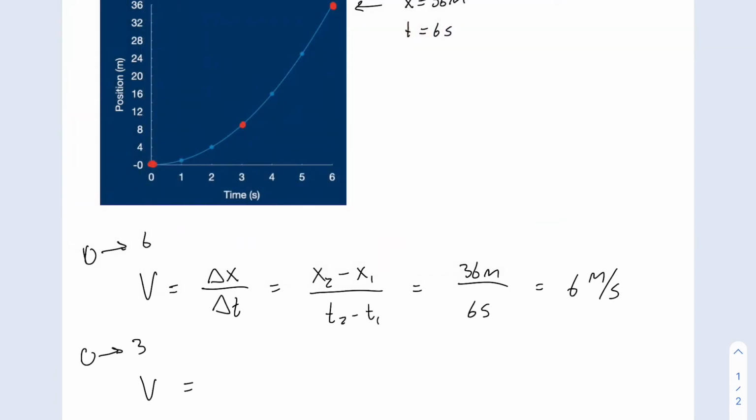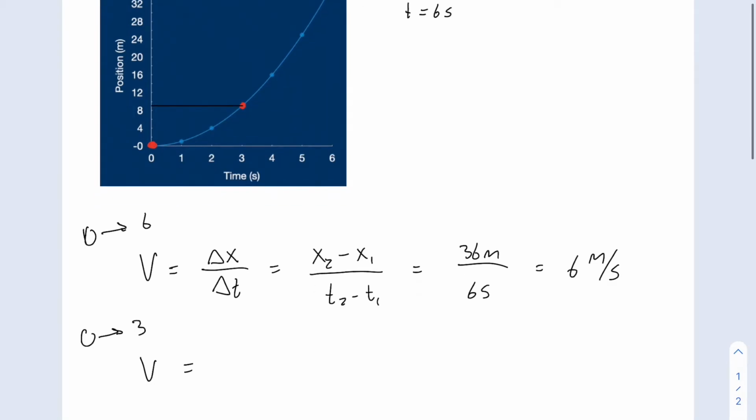It's kind of hard to tell, but it's about 9. So this is 9 meters over 3 seconds, which gives us 3 meters per second. So you can see that the velocity over time is increasing. The average velocity is, and the instantaneous velocity.